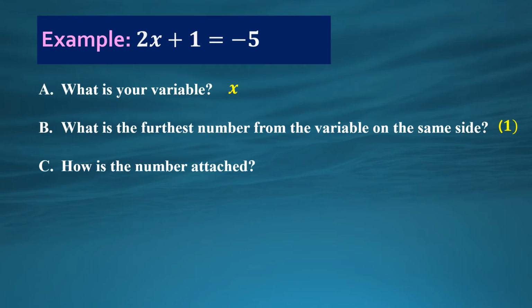Number 3, how is the number attached? The number is attached here with addition operation. Number 4, you have to do the opposite of this operation. The opposite of addition operation is the subtraction operation.